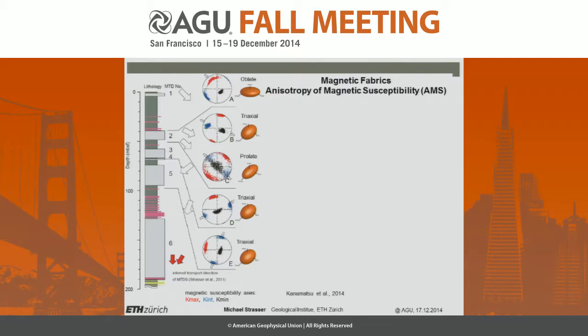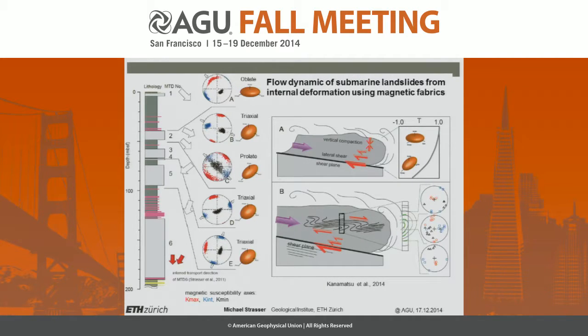But if we go down at the base of landslides, like here, the MTD5, we see this triaxial shape, which indicates that the grains that are carrying the magnetic signature are somehow aligned. So we can use this then by doing paleomagnetic reconstruction in time and space. We can even use this to deduce flow direction on the landslide from a core sample by looking at these microstructures.